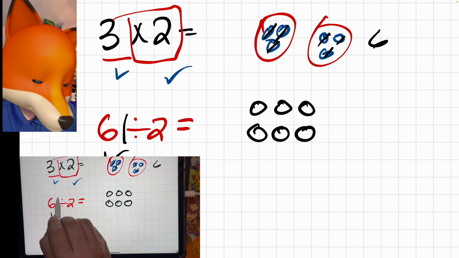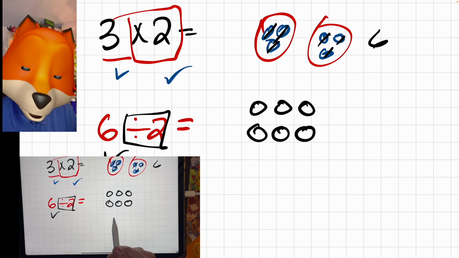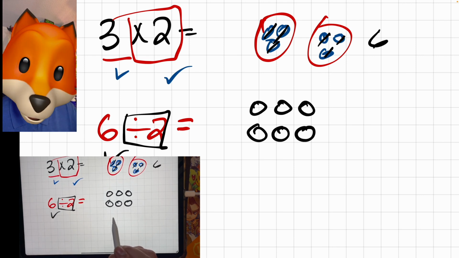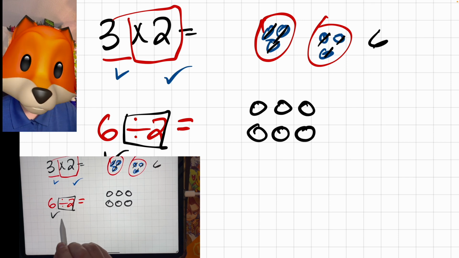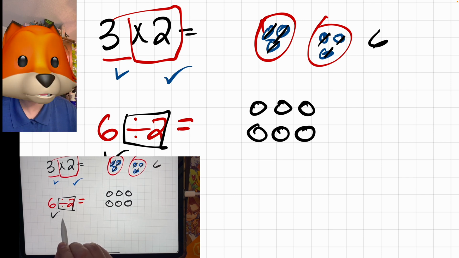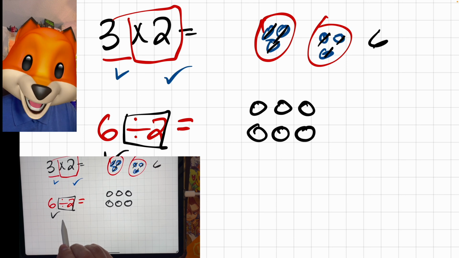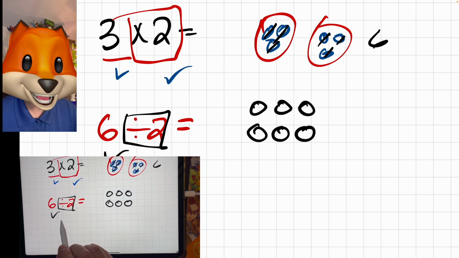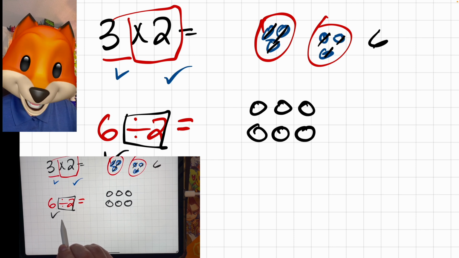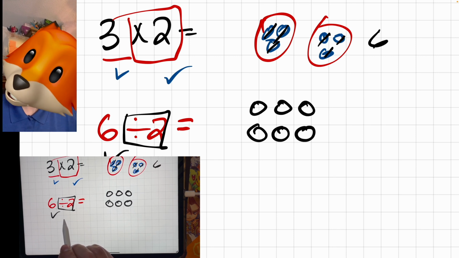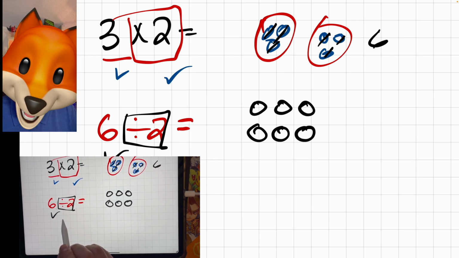And this is saying it wants me to separate it by 2s. So before we took out 3 groups and we put 1 in each. This time we would have to take 2 groups and put 1 in each. But there's another way that we can see division, and I think this way is easier. Instead, we're going to see how many times we can take 2 out. That's going to be pretty simple, and it's the same thing.